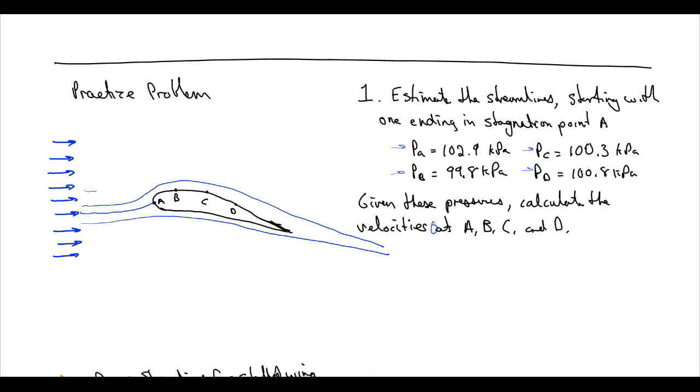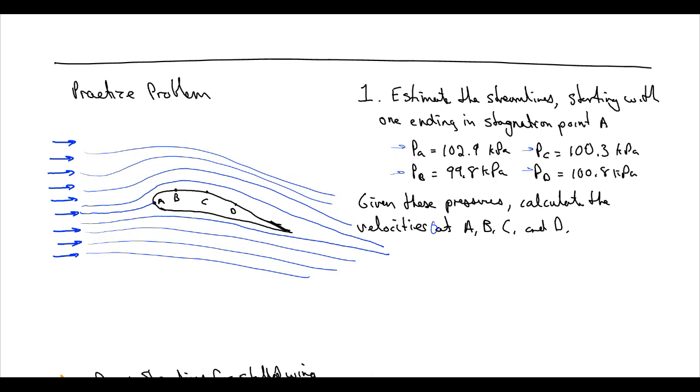So now that we've estimated our streamlines, we want to actually look at a streamline that starts essentially at the stagnation point. So our velocity is basically zero, and then comes around this surface like this and comes off like that.